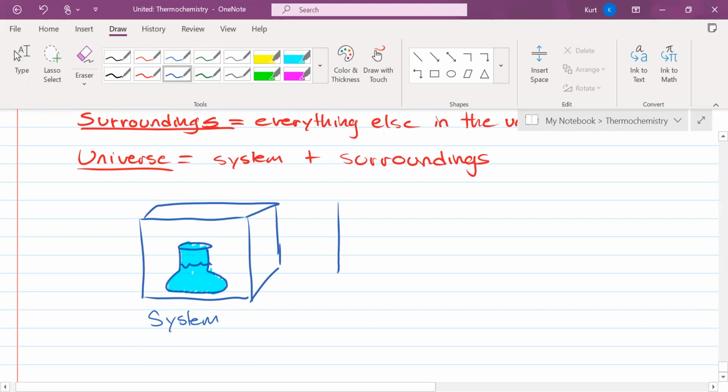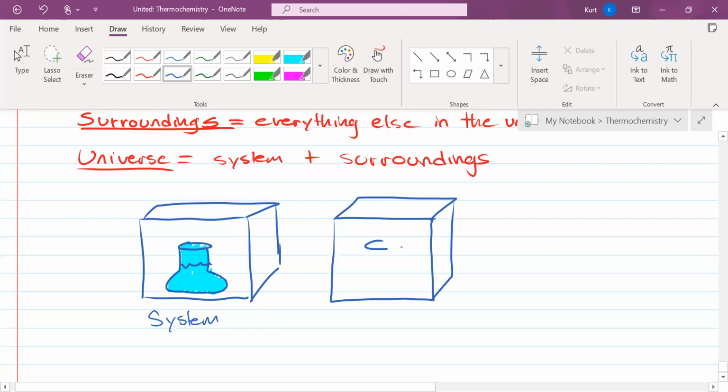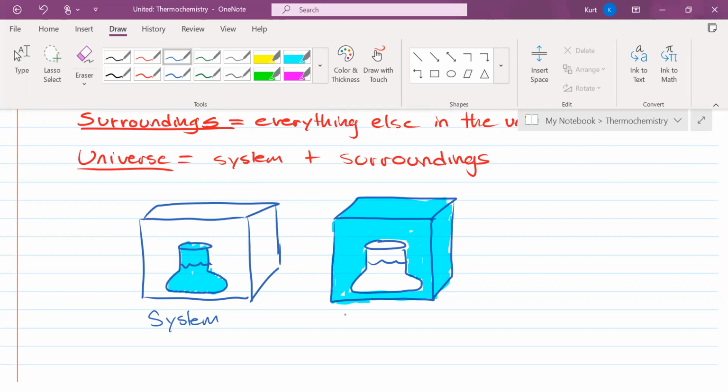Next, everything else, this is the surroundings.